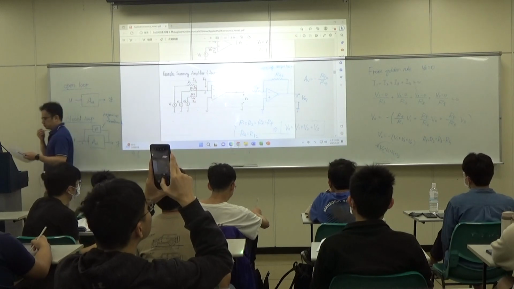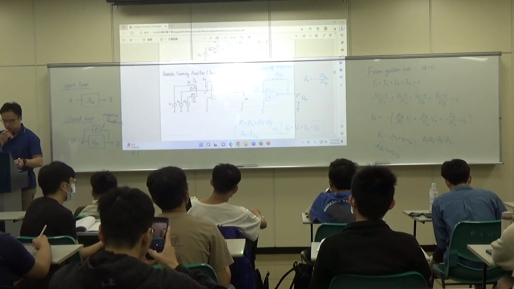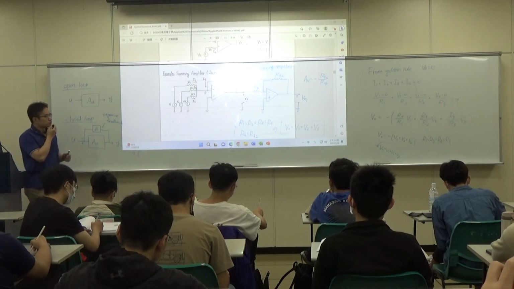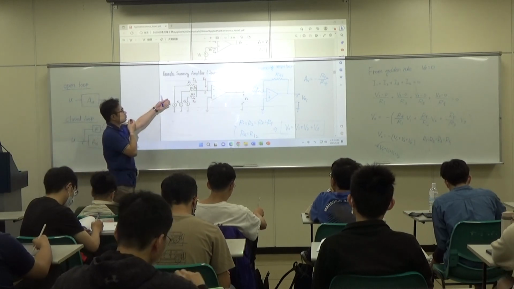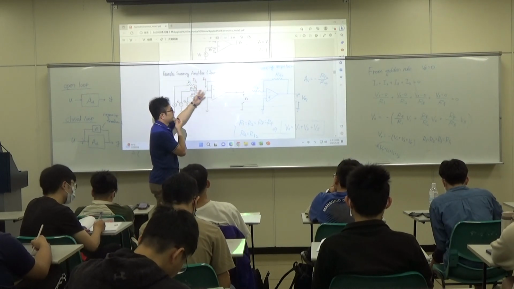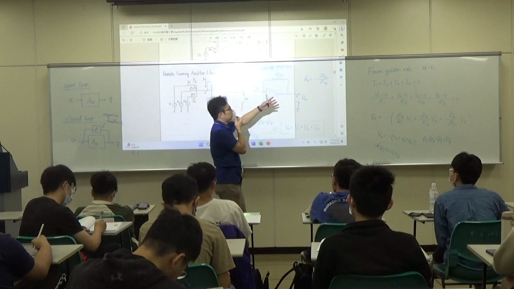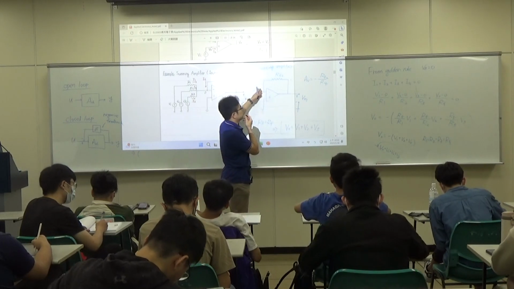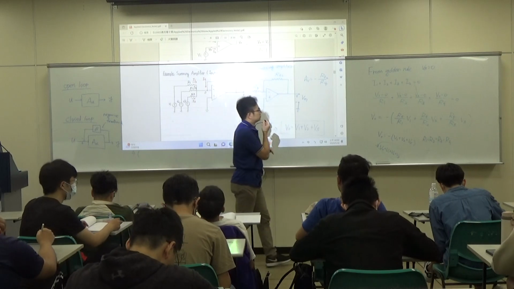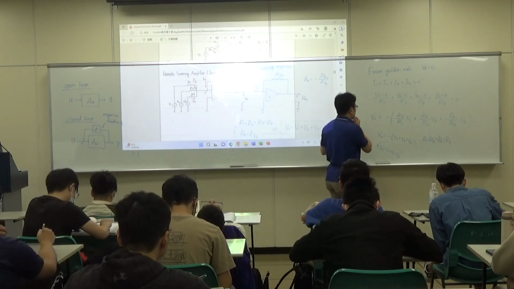Okay, just one simple example. So nothing special. I apply golden rule to solve the relationship here, and I kind of memorize this is a non-inverting amplifier, so I can draw the circuit.